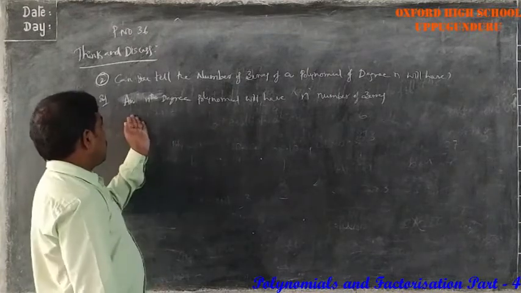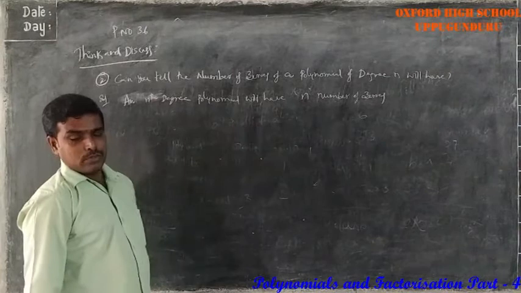An nth degree polynomial will have n number of zeros. So this is the solution for the second question: an nth degree polynomial will have n number of zeros.